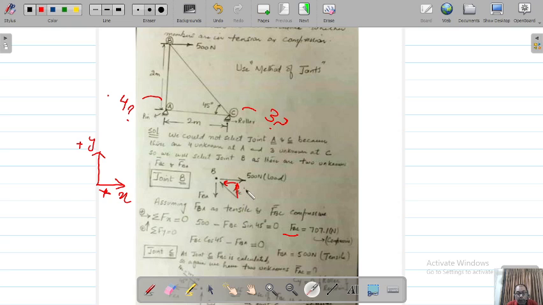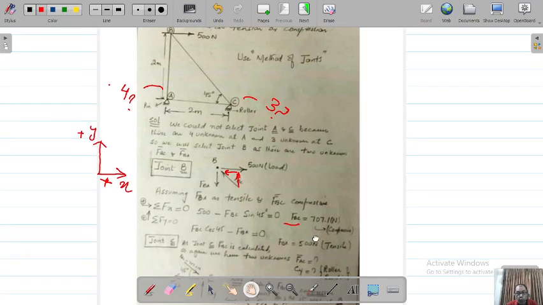As this was our force, it will have two components, one this component and the other one this one. It is force BC cos 45 minus FBA equals 0. So you get FBA equals 500 Newton. Again our assumption is correct, because this was our assumption for force BA as tensile, and the answer which is coming is also tensile. Okay, so now we go to joint C.